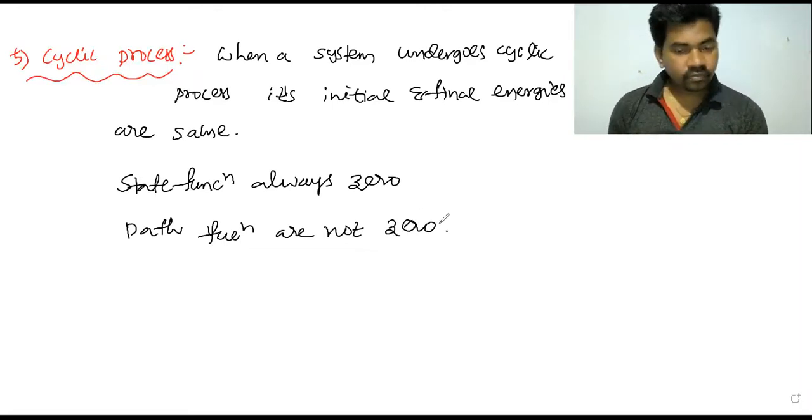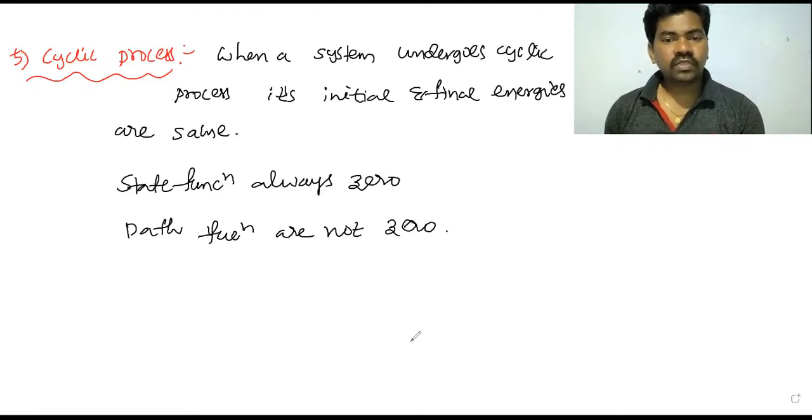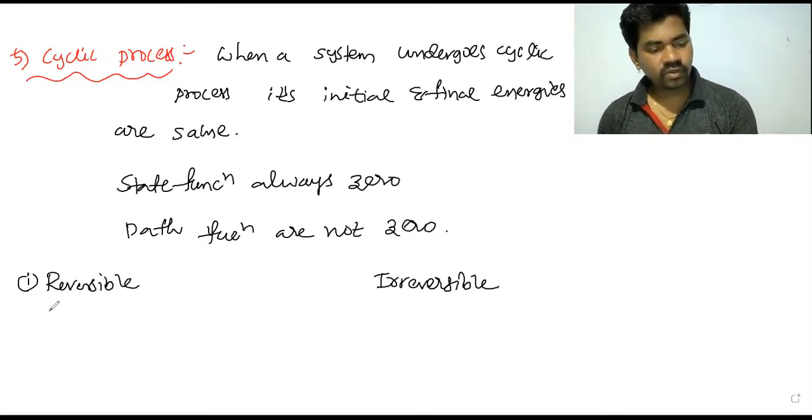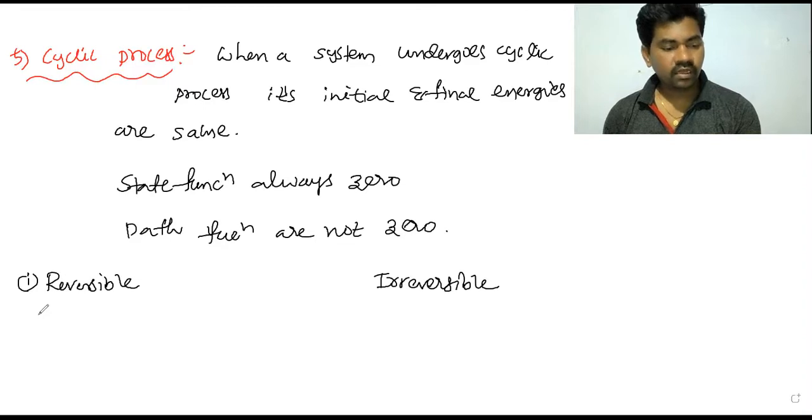Then there are two types of process: reversible and irreversible. A reversible process is one that can be reversed by a small change.